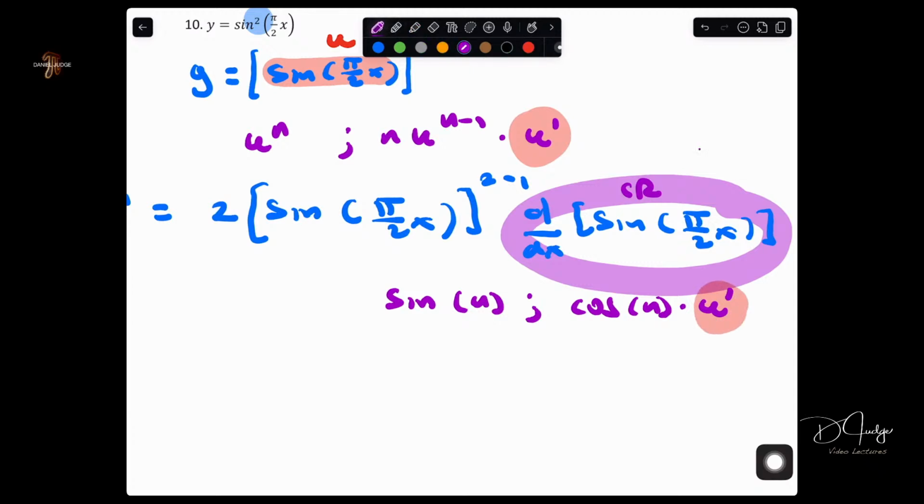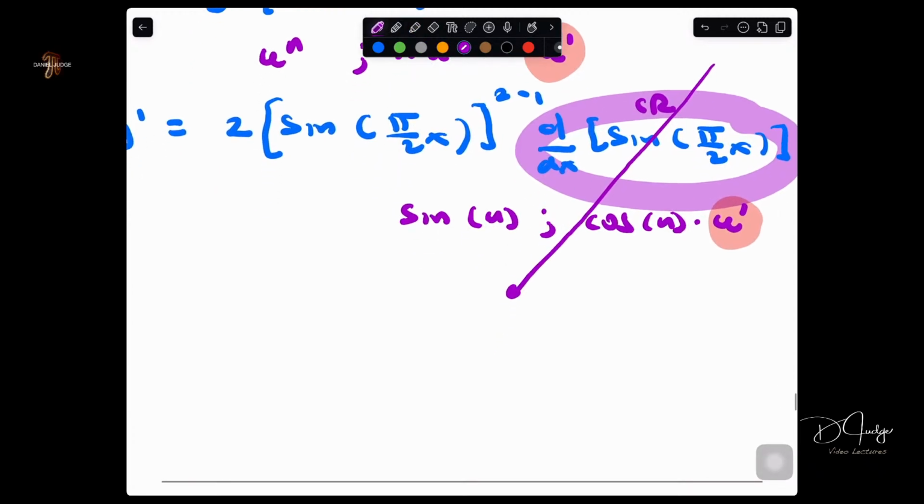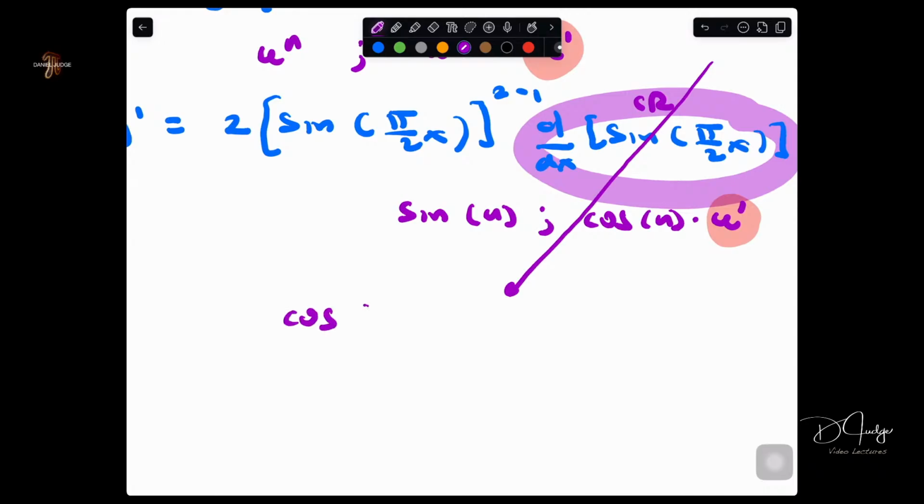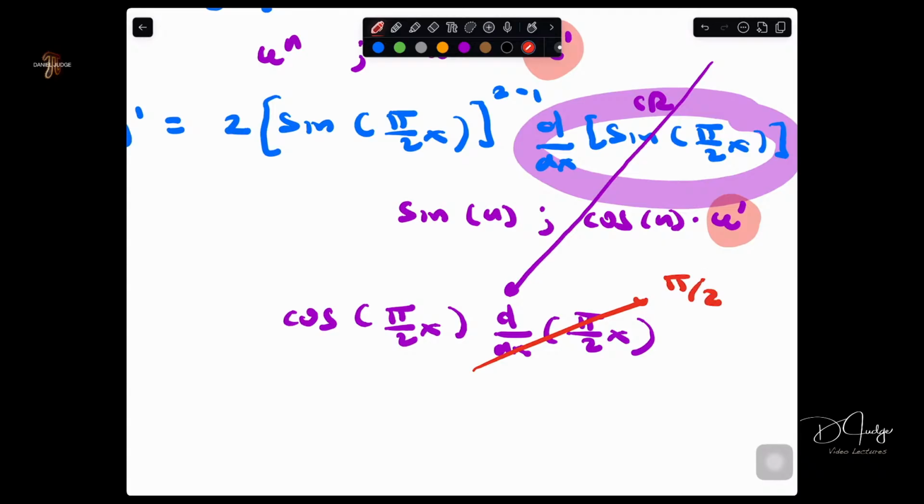So this becomes cosine pi over 2x times the derivative of pi over 2x. And that derivative is pi over 2.